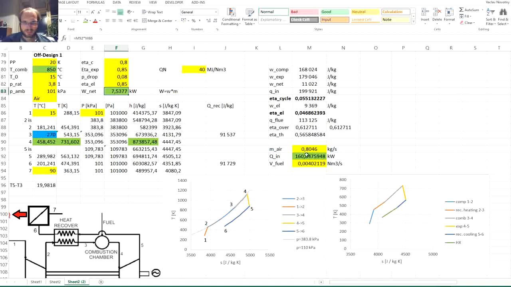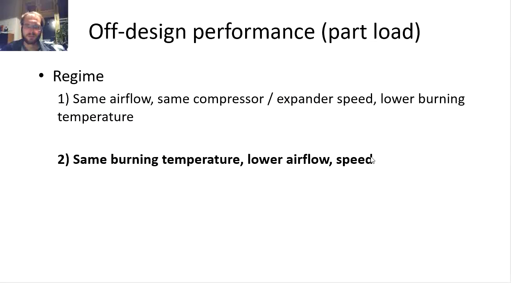So getting 9 kilowatts from 160 is not feasible, and let's see what we can do about it in the second option. So now we will have a look at the second regime of the part load performance, when we will have the same burning temperature and lower speed, resulting in lower airflow in order to achieve this.